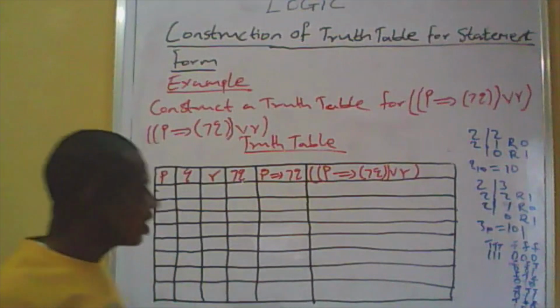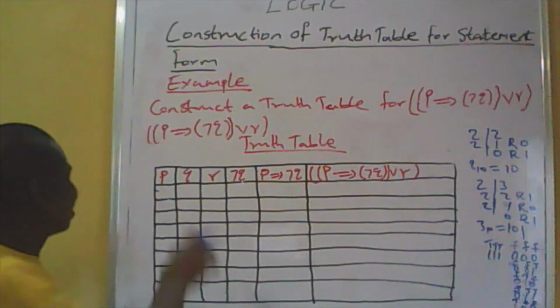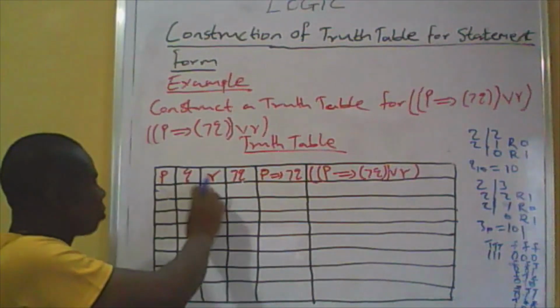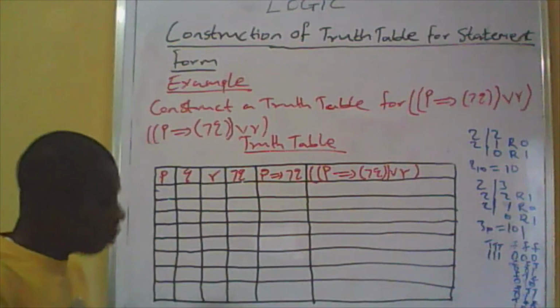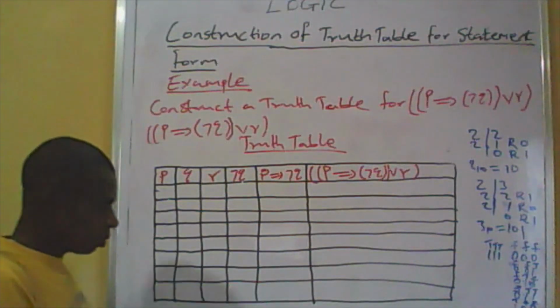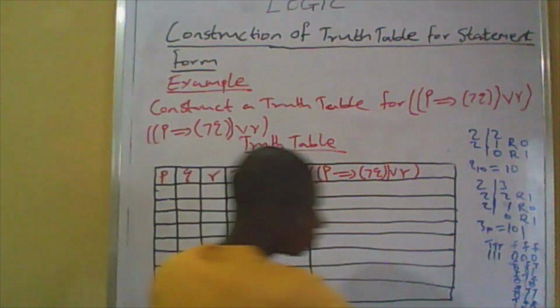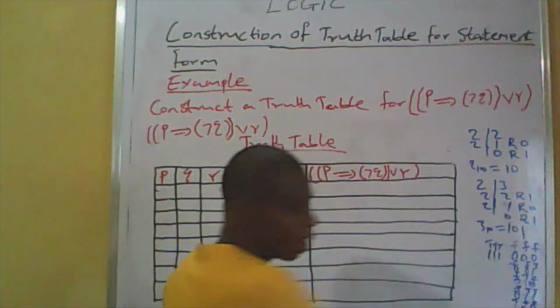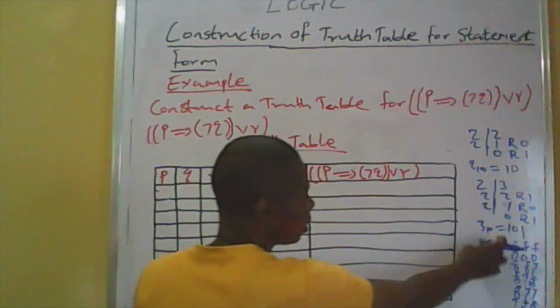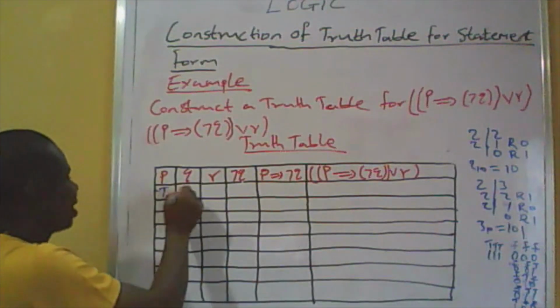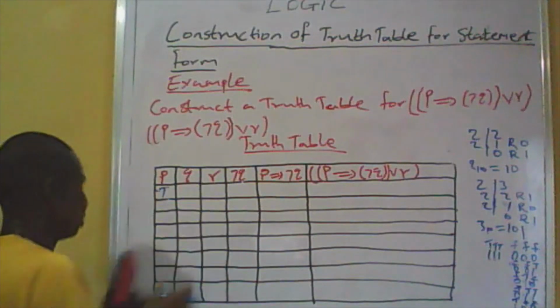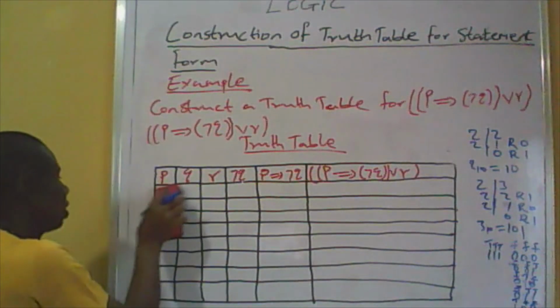Having gotten them, we are going to insert them in each row under the column of the simple statements. Let's start from the highest to the lowest. Let's start from T, T, T, that means 111. Let me use red ink.